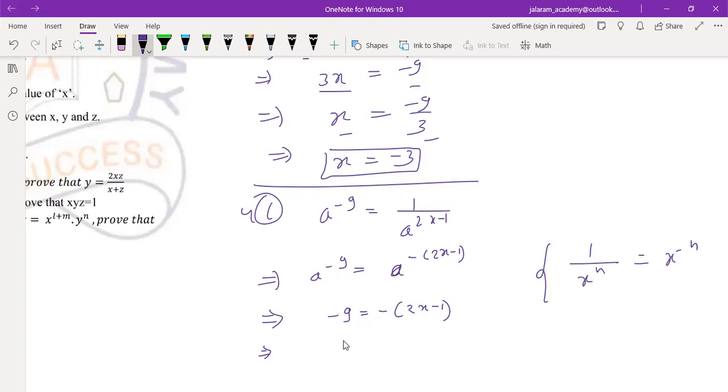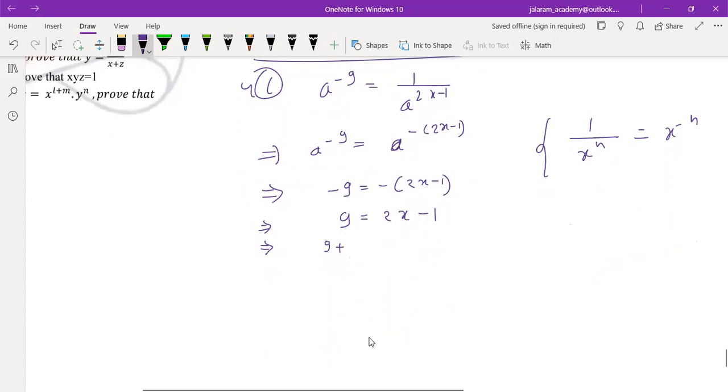So 9 equals 2x − 1. It implies 8 is equal to 2x. No need to skip the step. Write all the steps. Don't skip the step, I am telling you again and again.